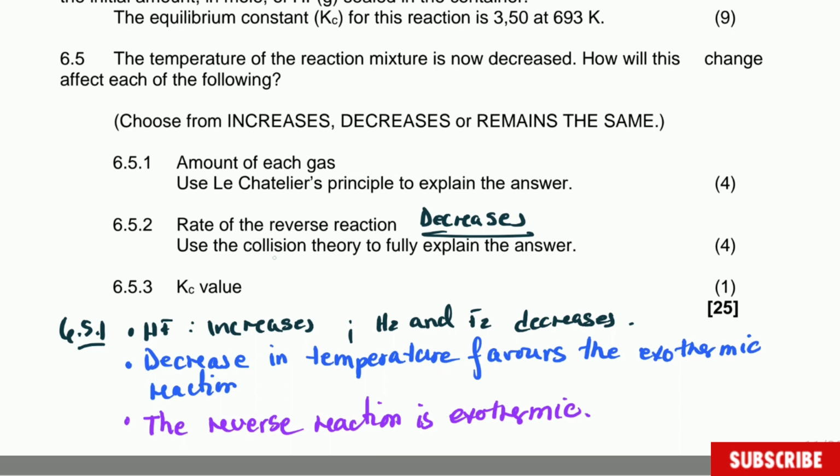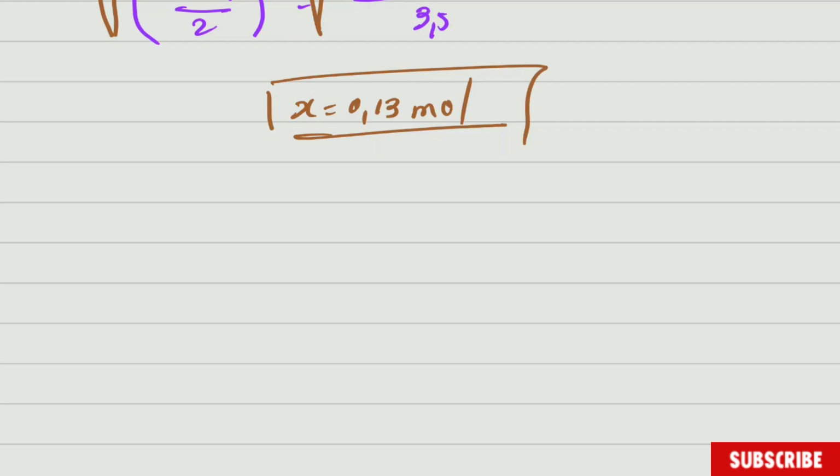They say use the collision theory to explain that answer. So we're going to answer right here after the calculation using the table. That is question 6.5.2. We said decrease. If you decrease the temperature, the rate decreases for both forward and reverse. Now, how to explain this one?